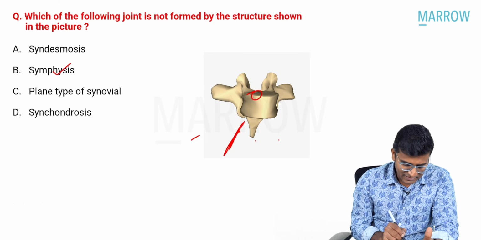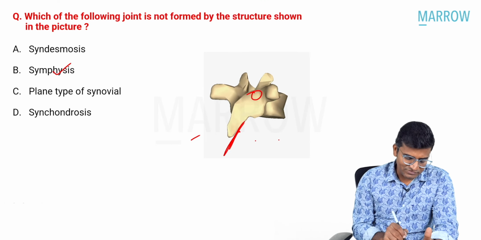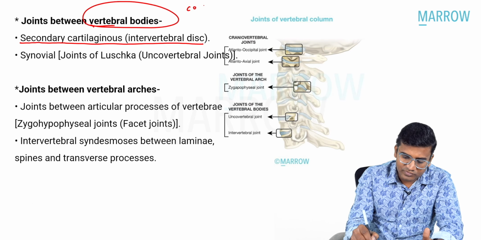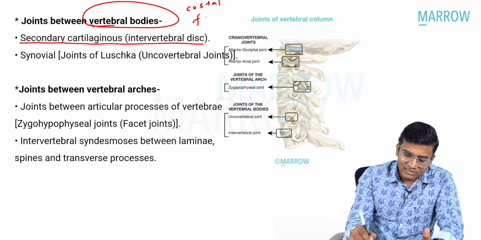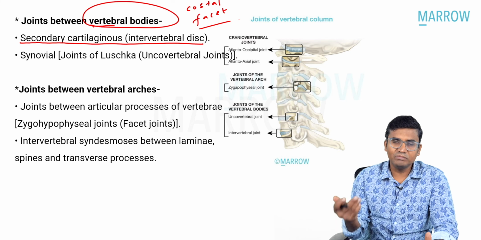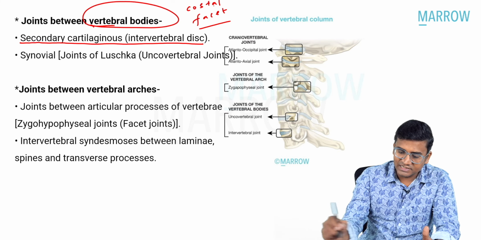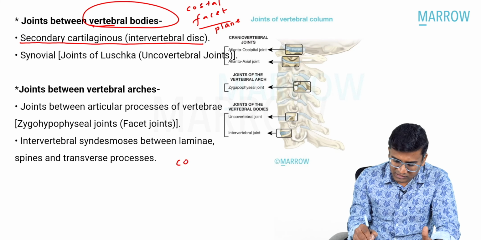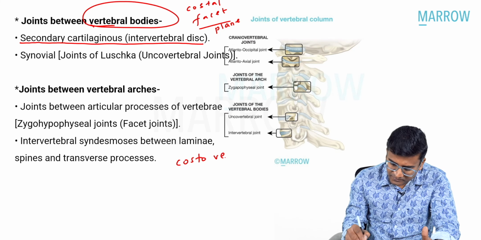Next, I told you thoracic vertebra. Thoracic vertebra has costal demifacet. This costal facet articulates with the rib. What type of joint is between the costal demifacet and the rib? They are plane type of synovial, the costovertebral joint.